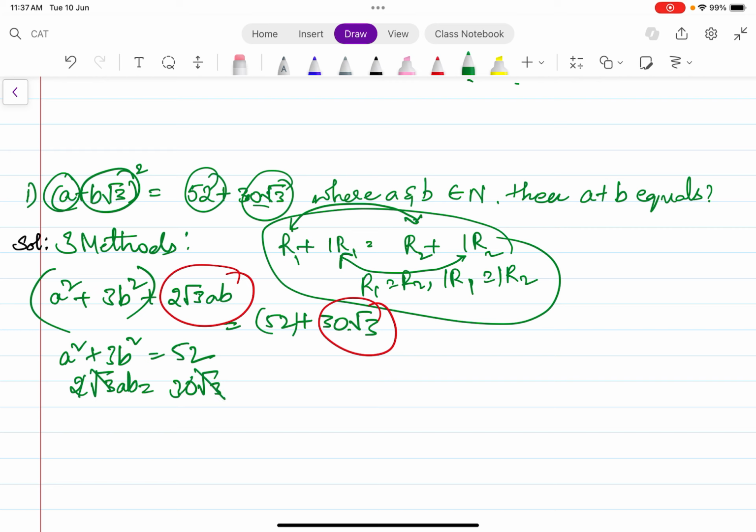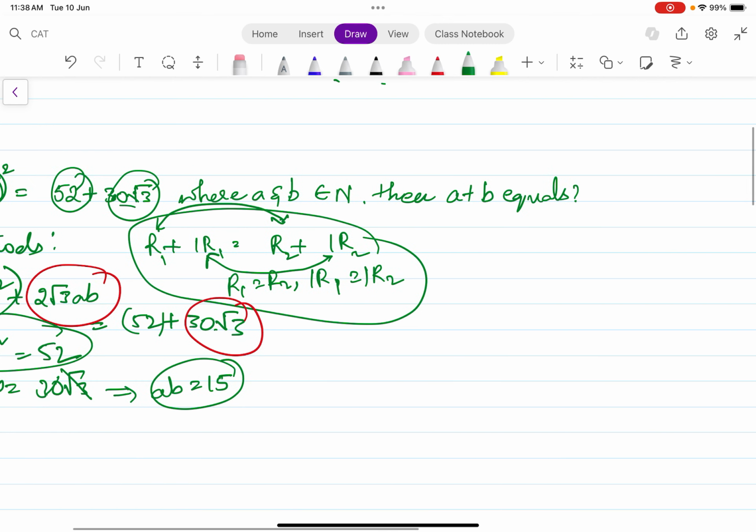On simplification, you get ab equal to 15, and a square plus 3b square equal to 52, so you get 2 equations and 2 variables, and these can be solved. But if you observe it here for the sake of the examination, and I think I haven't given the options here, but all the options are single digits. So right, let me give you the options: 7, 8, 9 and 6.